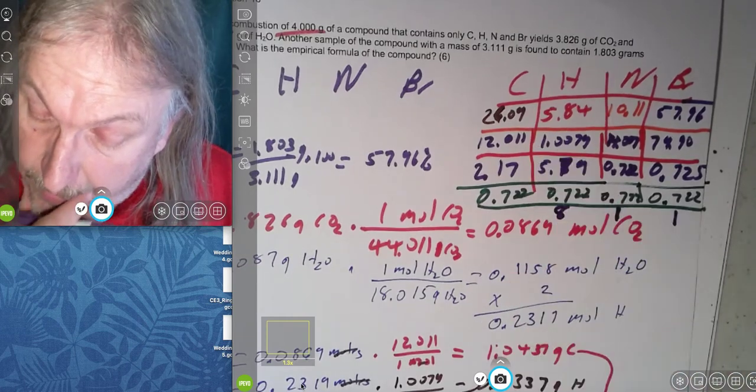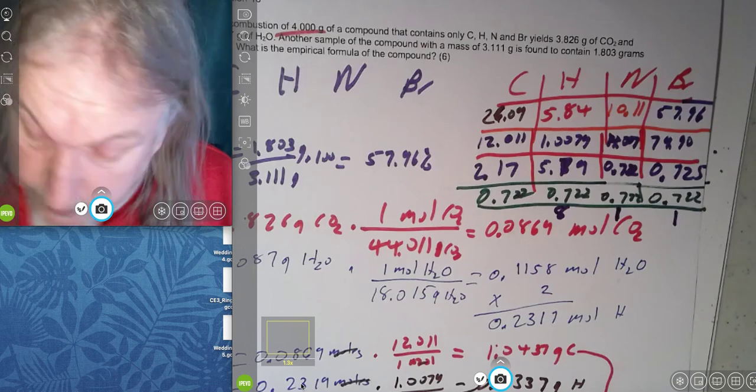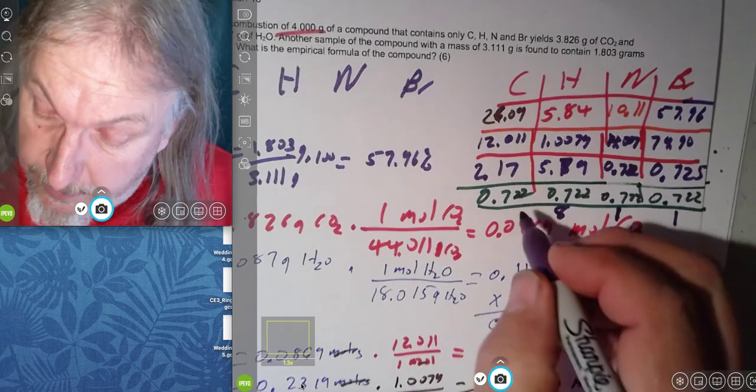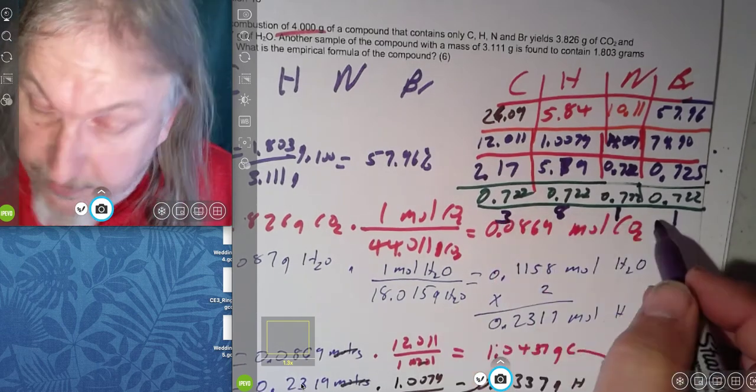Then carbon, 2.17 divided by 0.722, that's going to give us a 3. So everything is a whole number.